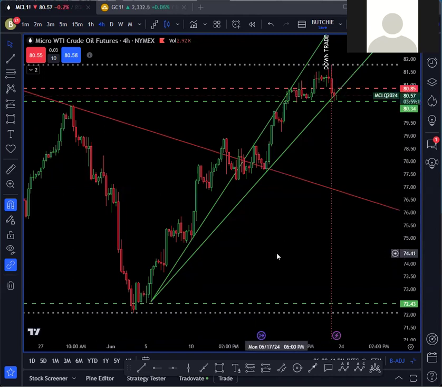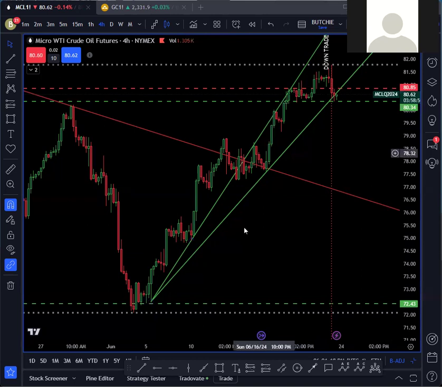Guys, I don't move my lines all the time. Just because a pair breaks through a line does not mean I need to move it. I can create a new line, and that's what I like doing better. I can delete this line. If the pair does continue to fall short here through this uptrend line, well, then eventually I can delete this one.